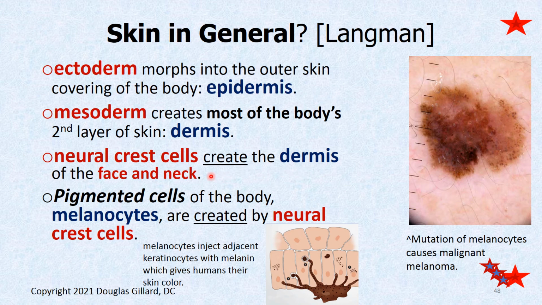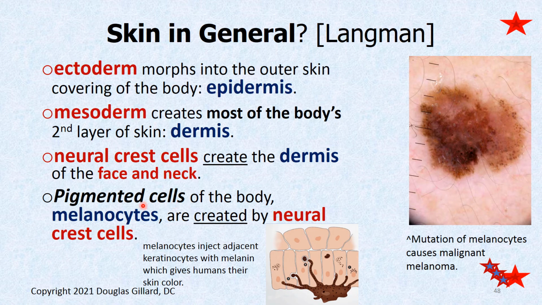So board people writing board questions have to be careful of that, because you can't say all dermis of the body is created by what? Well, that's a trick question, because mesoderm usually creates dermis, but not in the face or around the neck, and that comes from neural crest cells.